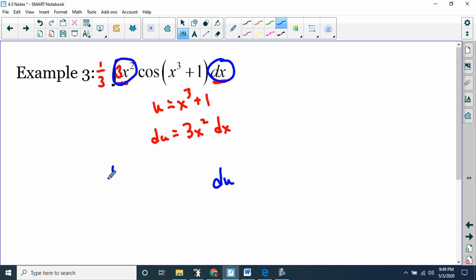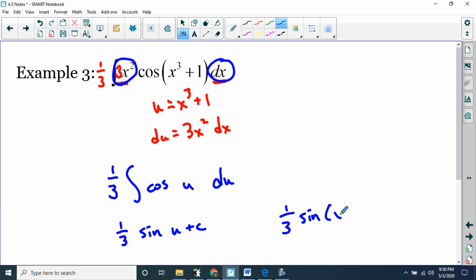My 1/3's coming down. And I've got cosine u. The integral of cosine is sine. And plug in x cubed plus 1 back in for the u.